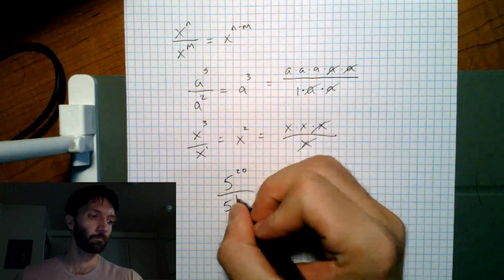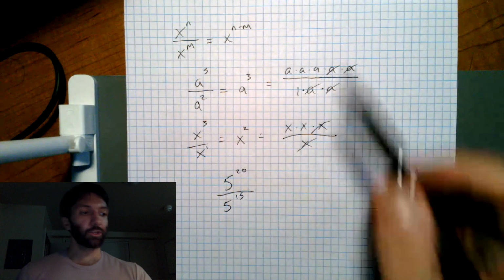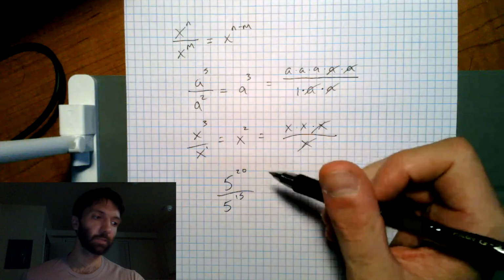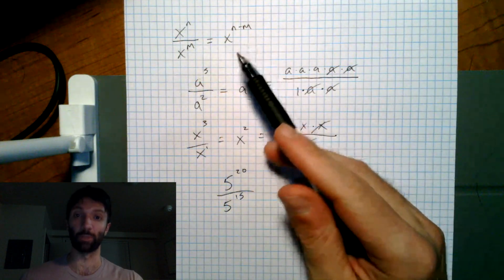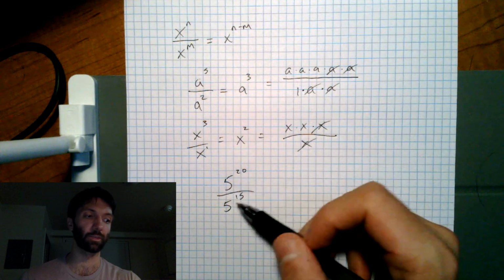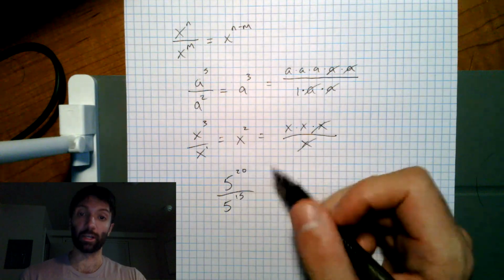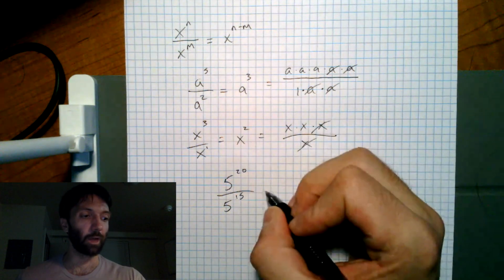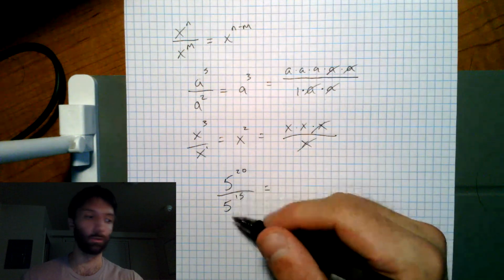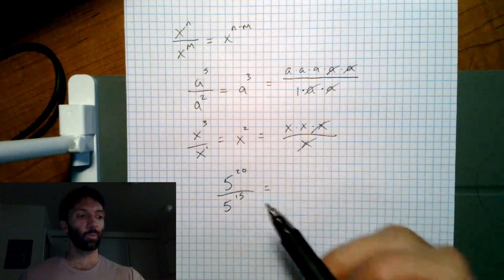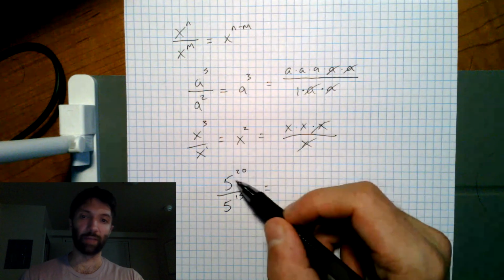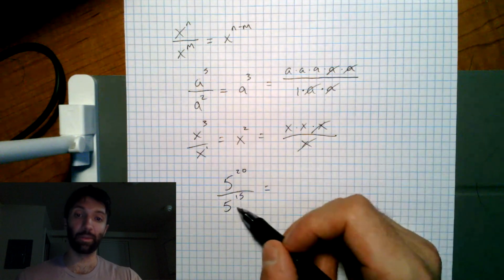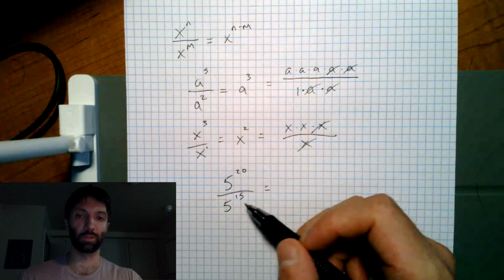Now, illustrating this out for large exponents isn't going to be practical for us. So this is where the rule becomes important, because when we have examples like this where we're dealing with large exponents where it's not reasonable to write it out all the time, if you recognize that we have like bases, which in this case we do, the base is 5 in both of these cases, well then we know that in the numerator we're going to have 20 factors of 5 being multiplied together, and in the denominator we're going to have 15 factors of 5 being multiplied together.